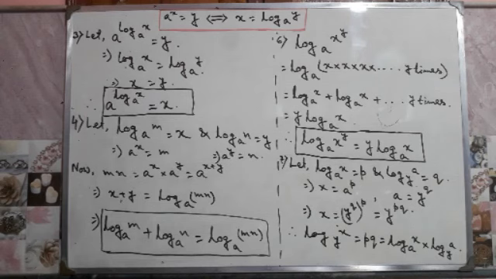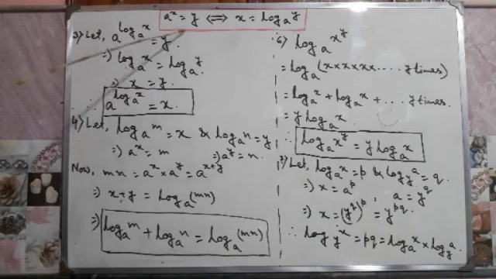Now we shall discuss the proof of the next property. We have to prove that a to the power log x to the base a is equal to x. We don't know the value of a to the power log x to the base a. Let this one be y.